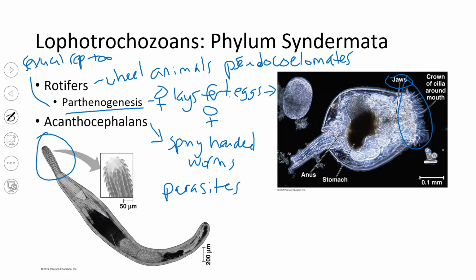They look creepy. Again, they also have complex life cycles. They often have lots of hosts. Their defining characteristic, and all we're really going to talk about with them, is that they have this proboscis with the hooks on it, which is why it's called a spiny-headed worm.